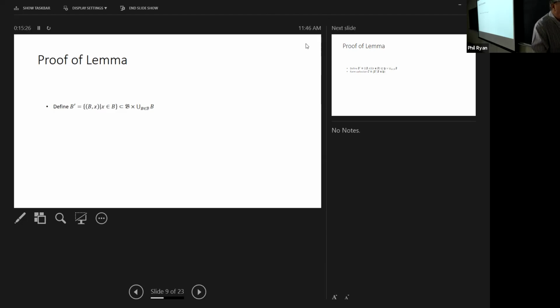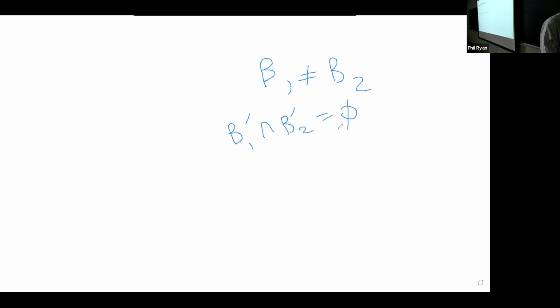Okay, now why is that? So if we have B1 not equal to B2, then suppose the intersection is non-empty.